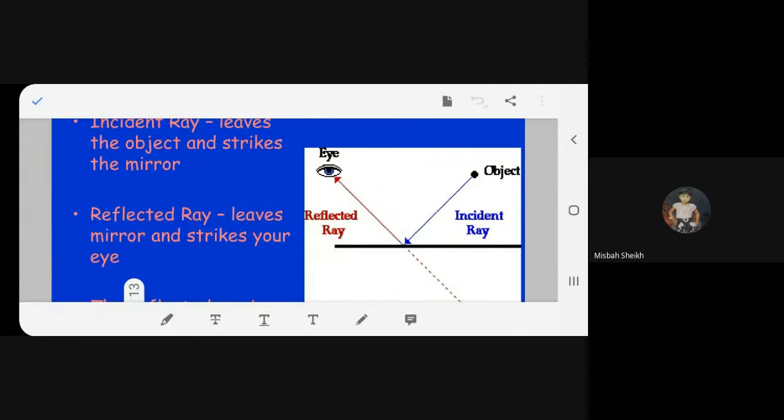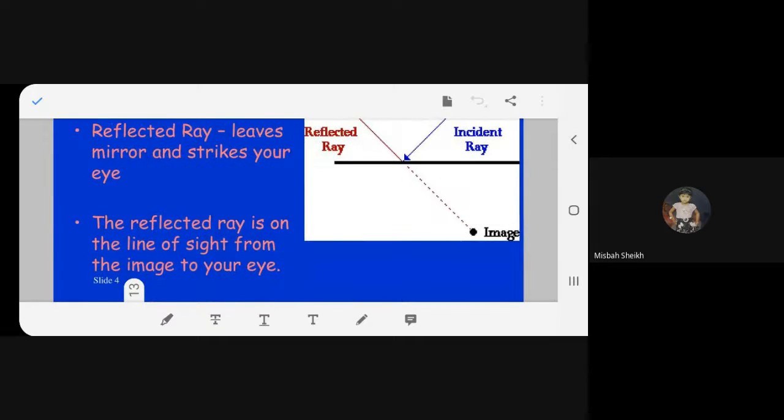Read. The reflected ray leaves the mirror and strikes your eye. So this incident ray strikes the mirror and gets reflected. It is striking the eye, isn't it? Your eye is receiving it. Understood now? Next: the reflected ray is on the line of sight from the image to your eye.